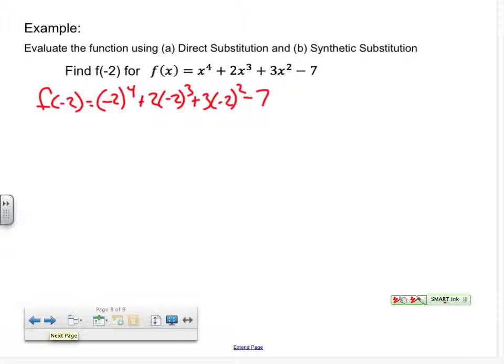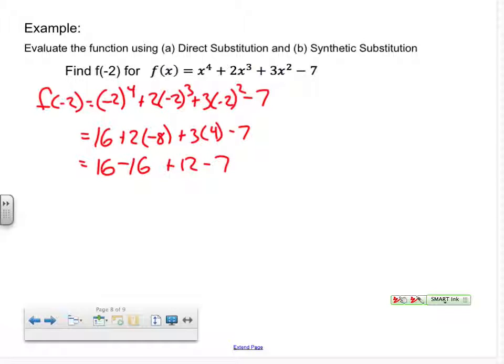All right, negative 2 to the 4th, that's 16, plus 2 times negative 2 to the 3rd, that's negative 8, plus 3 times negative 2 squared is 4, minus 7. So we got 16, this is negative 16, 12 minus 7. This works out to 5. All right, so that is direct substitution.